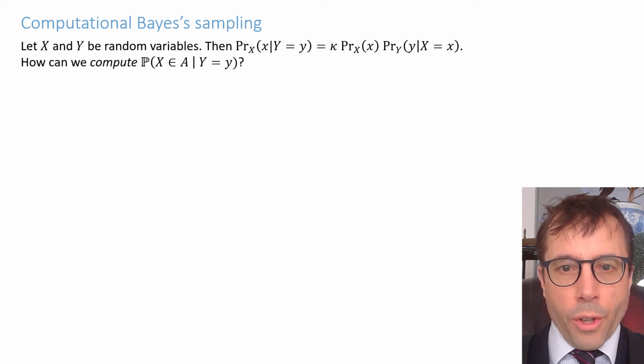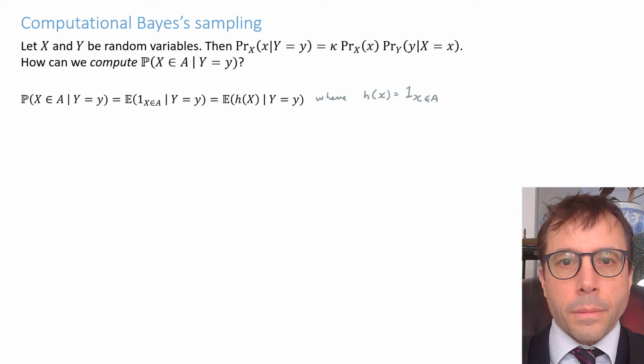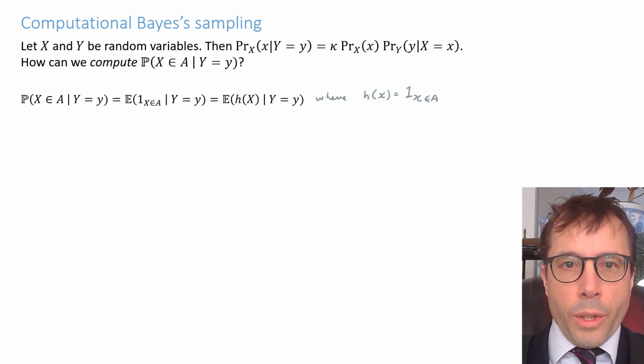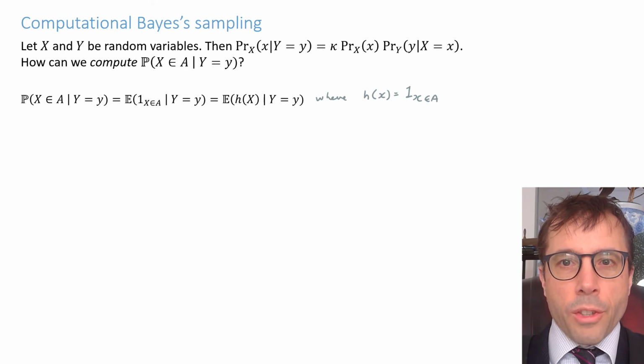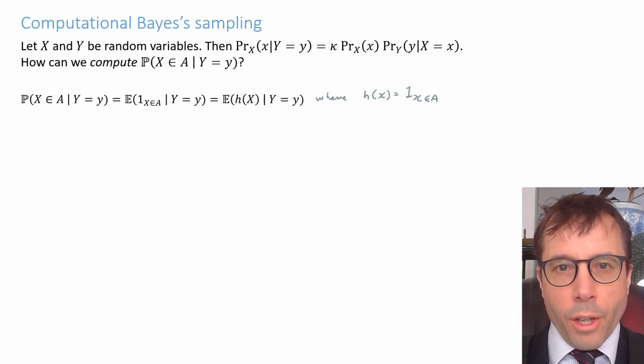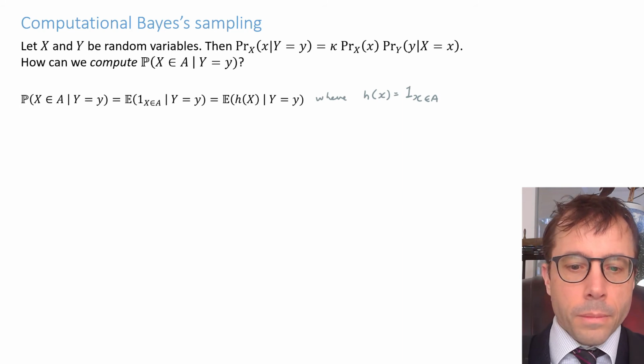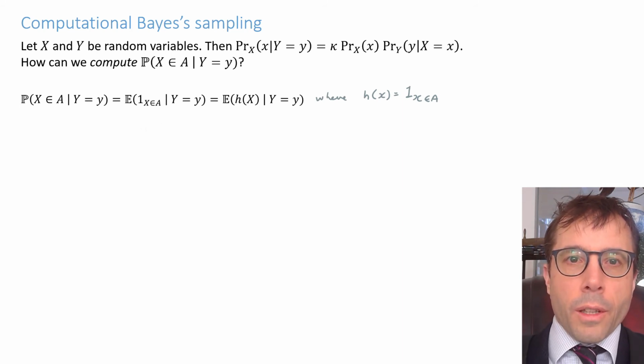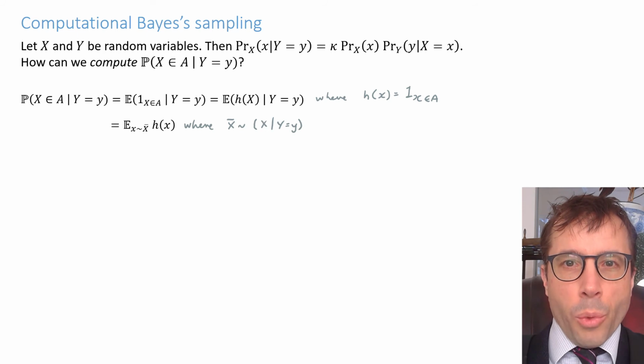Here's an importance sampling calculation. First, we'll use our trick for converting probabilities into expectations. The probability that x lies in A is just the expected value of the indicator that x lies in A. Next, let me write this in a logically more consistent notation.